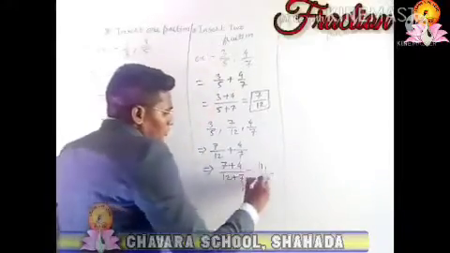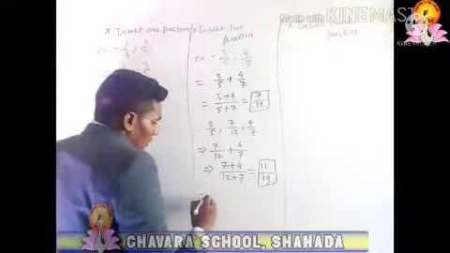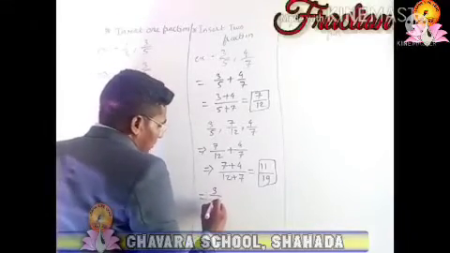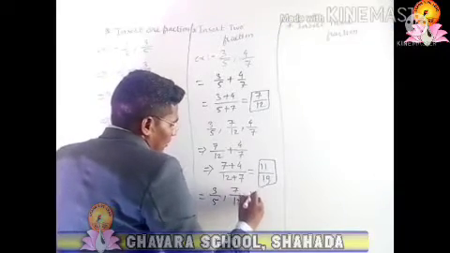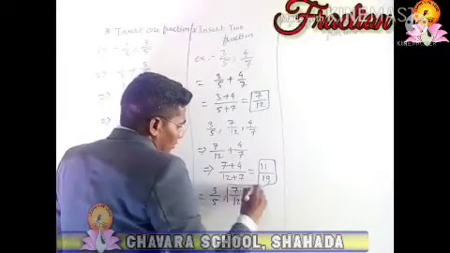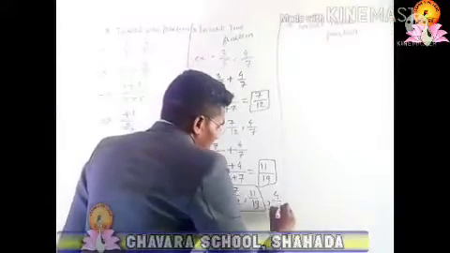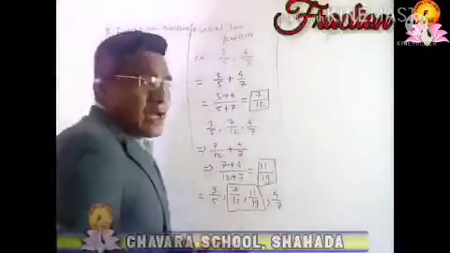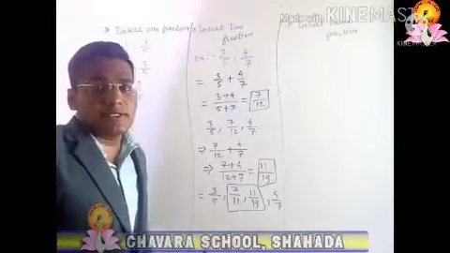This is how we got two fractions, 7 by 12 and 11 by 19, and we can write it in between as 3 by 5, 7 by 12, 11 by 19. These we got as new fractions, and we had 4 by 7. This is how we can insert two fractions into given two fractions.